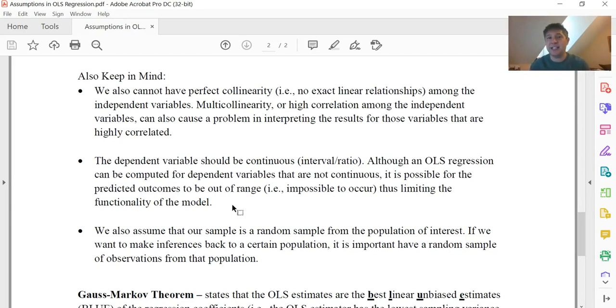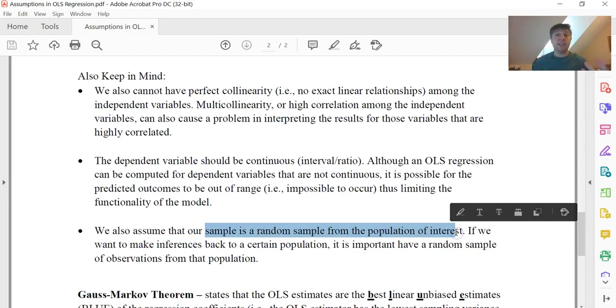So it might limit the functionality of the model. We also assume that the sample is a random sample from some population of interest. This is very important if we want to make generalizations back to some population. Our sample should be a random sample from that population.